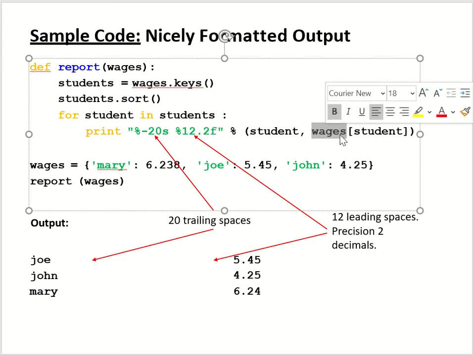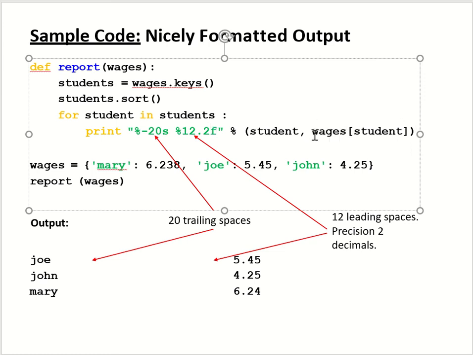So we're doing wages, bracket, student. That's going to be the value in the dictionary associated with this student. So for Mary, it's going to be her wage of 623.8. For Joe, it's going to be 545. For John, 425.